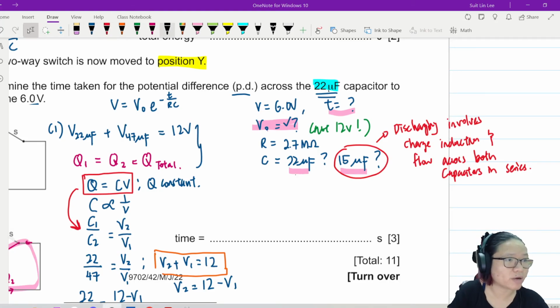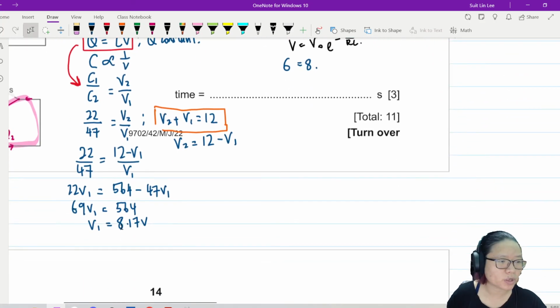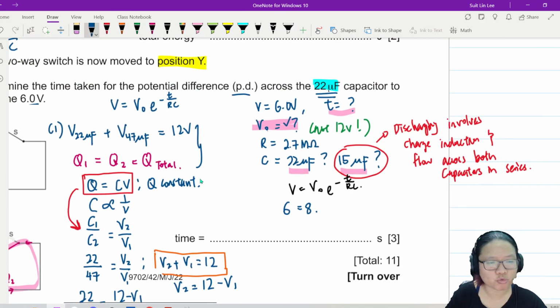Okay, we can now substitute. We are ready. V is equal to V naught e to the negative t over RC. The final voltage is 6 volt. The initial voltage was 8.17, I'm going to put 8.2.